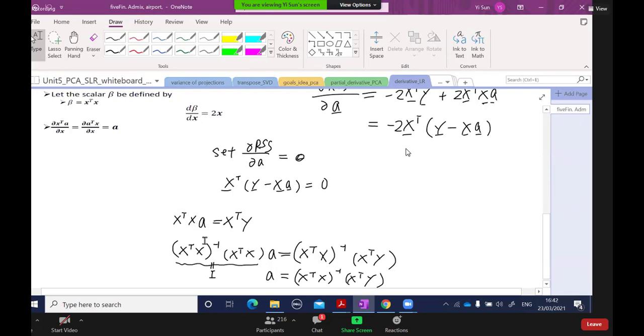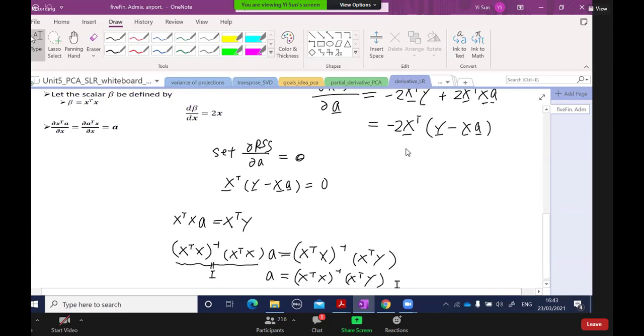To cancel it, I need to multiply by the inverse of this matrix, and I need to multiply it from both sides, writing it in front of all the vectors. Because the inverse multiplied by the matrix itself gives the identity matrix, the left-hand side has A only. And on the right-hand side, that is what we have.